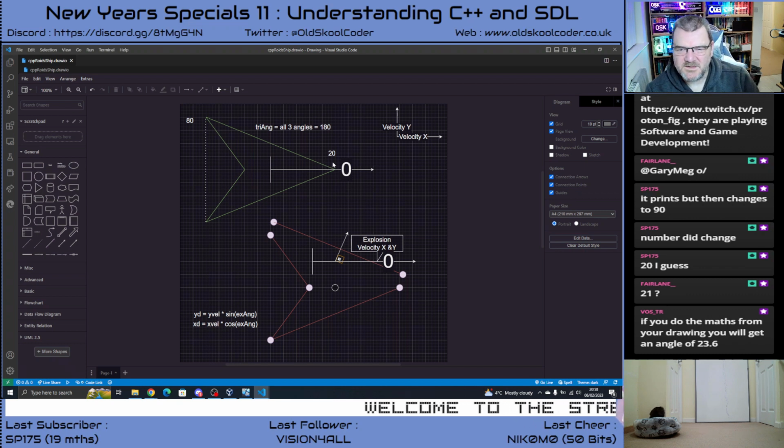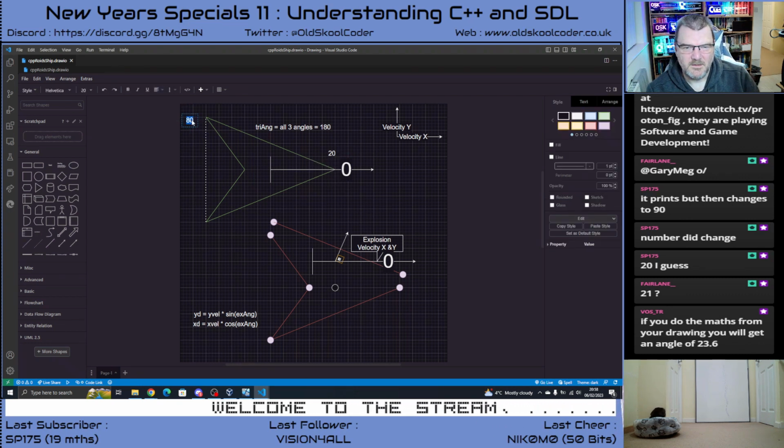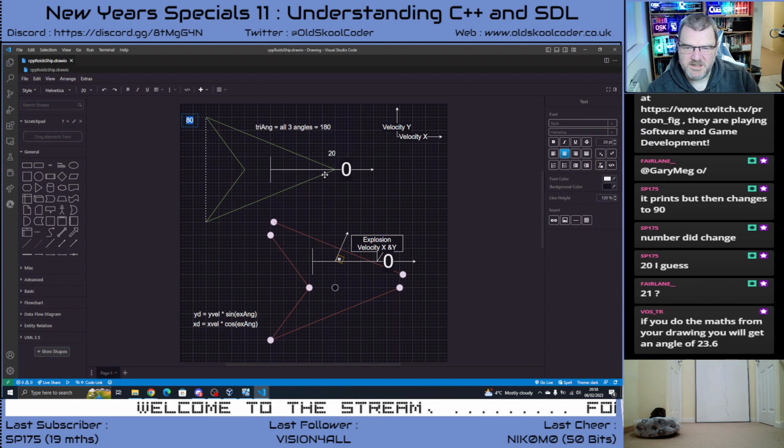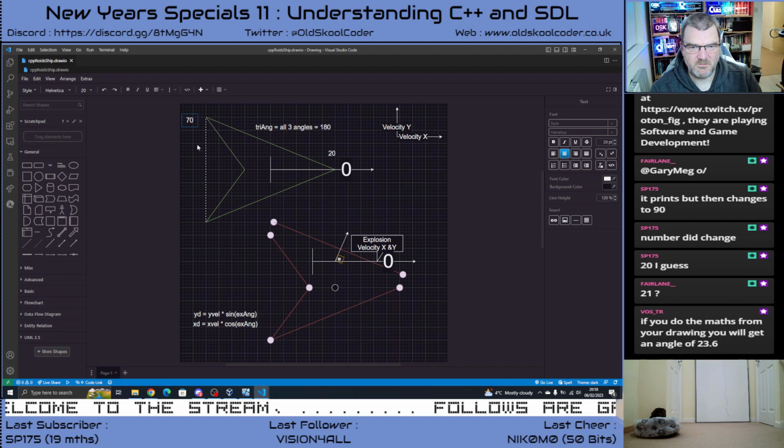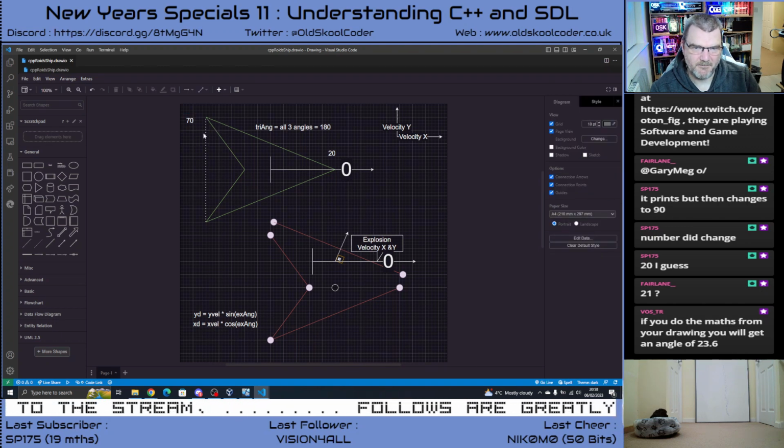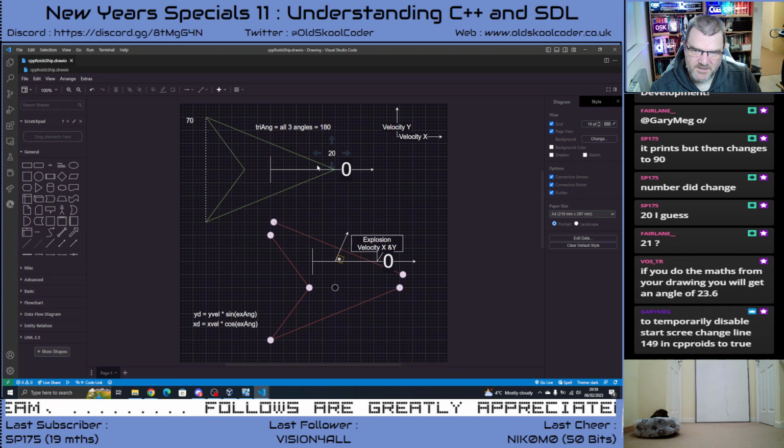So this side is 20 degrees, so this side is another 20, right. So this is a 40 degree angle, 180 minus 40, that means these are 70 degrees to the dotted line, yeah? So that's 20 degrees to that perpendicular angle.